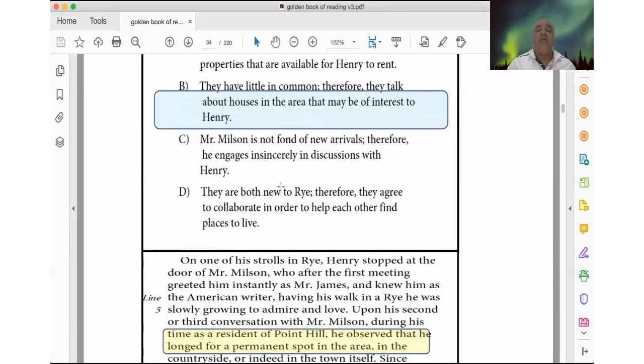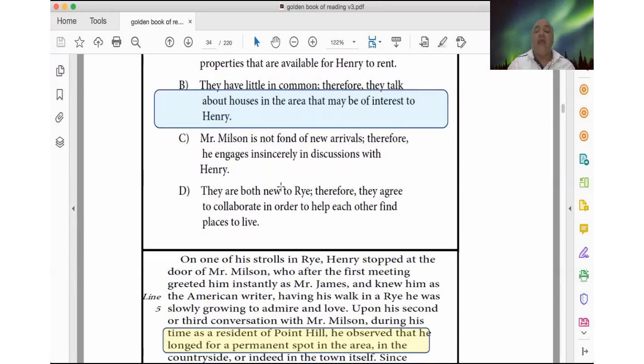Choice D, they are both new to Ray, therefore they agree to collaborate. First, the other guy is a native. He's been living and working in Ray. So the first part of the sentence is not supported. The second part, they agree to collaborate in order to help each other find a place to live, is not supported, and collaboration is not supported.